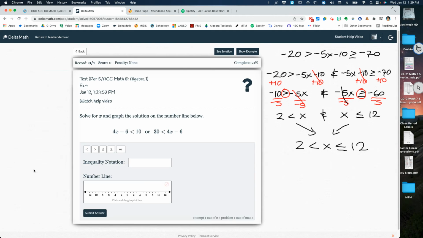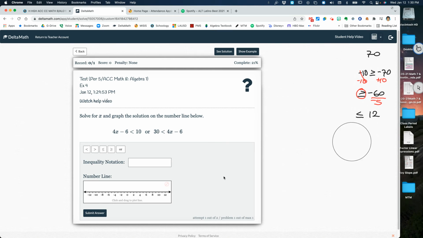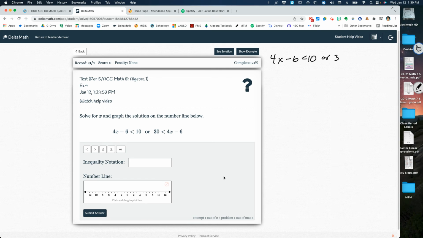Number 4. This one's an OR. So ORs, if you remember from last semester, don't have a shortcut way of writing them. You just do them separately. So it's 4x minus 6 less than 10, or it's 30 less than 4x minus 6.